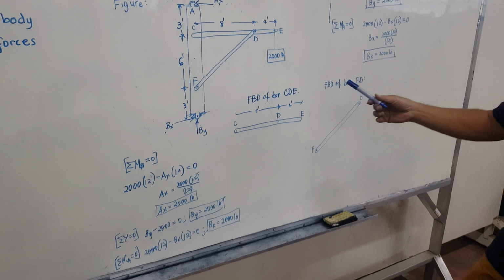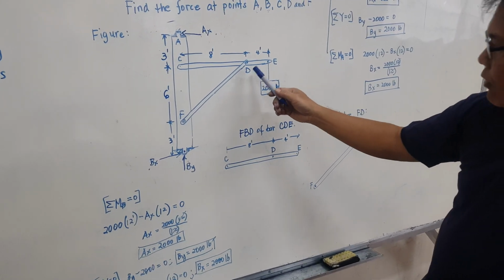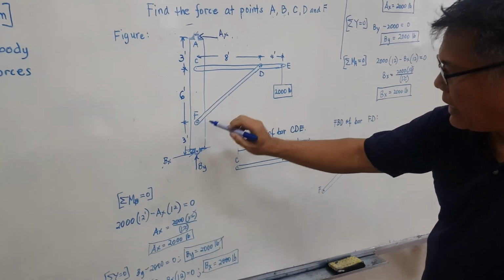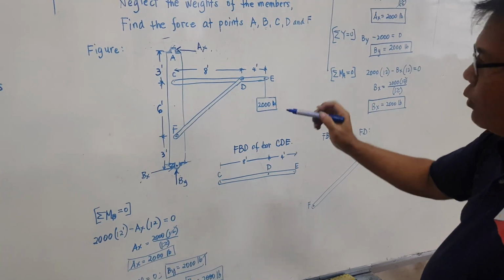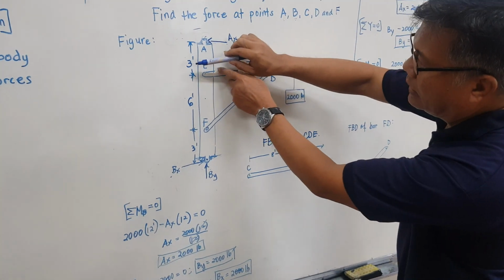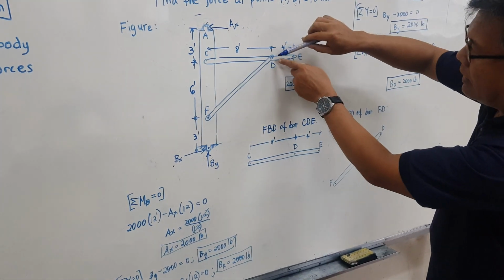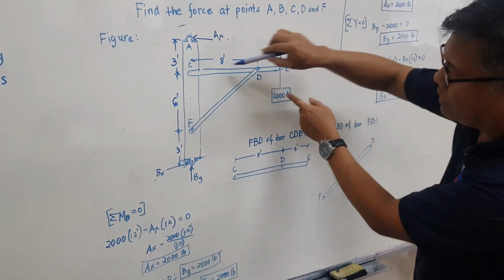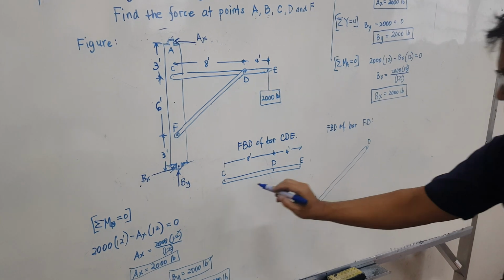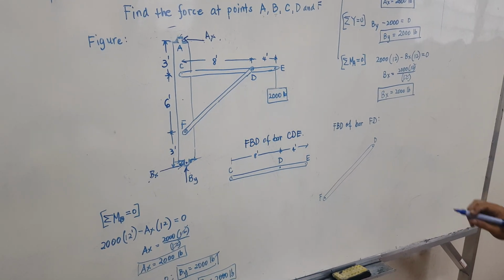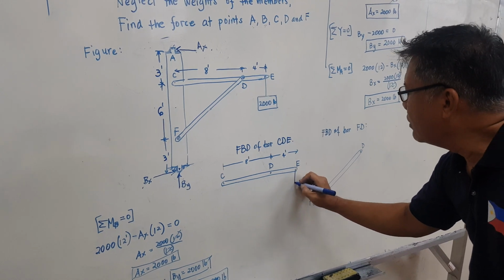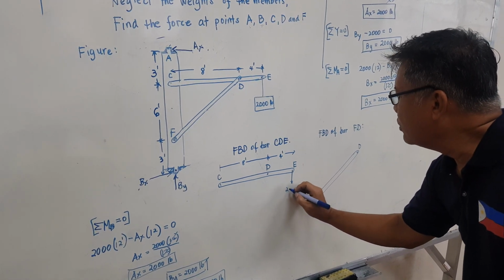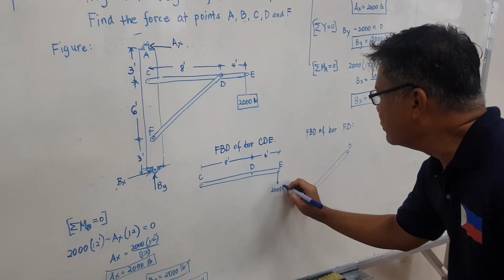To compute for the load and forces at D and F and at point C, we need to isolate this bar CDE, a horizontal bar here, and apply the loads on this bar. So at point E, we have a load downward of 2,000 pounds.